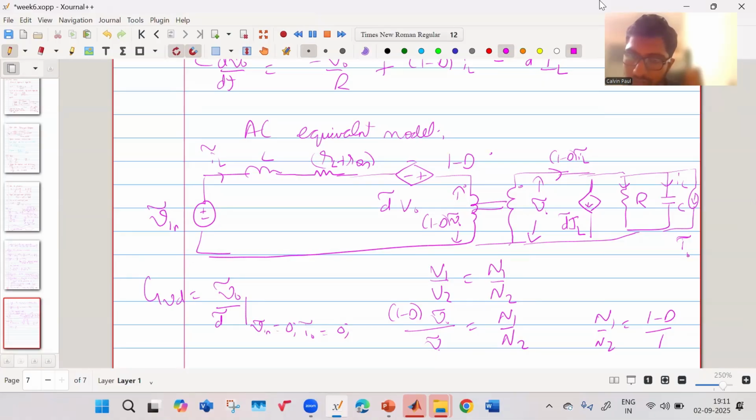Since the duty ratio is varying, there will be some variation in inductor current. Yeah, that is there. So we cannot forcefully set it to 0.